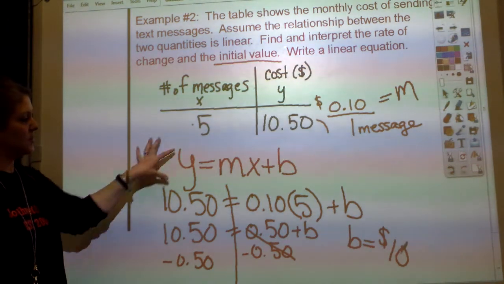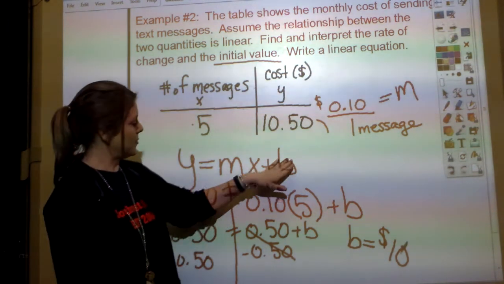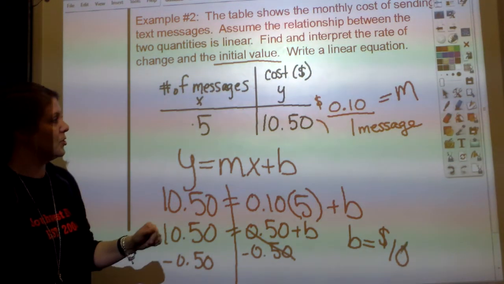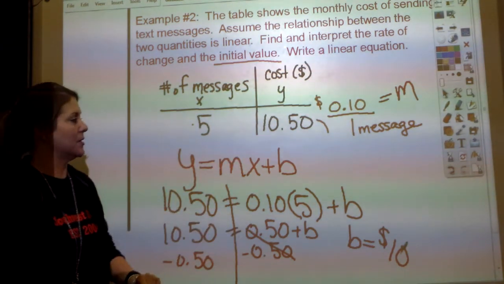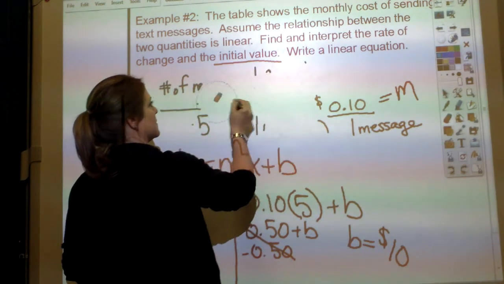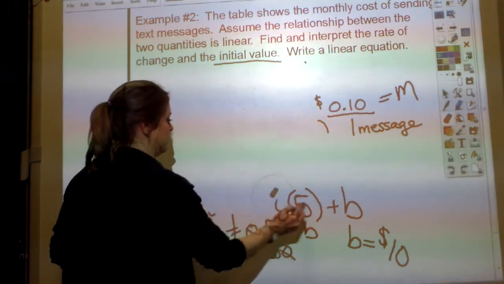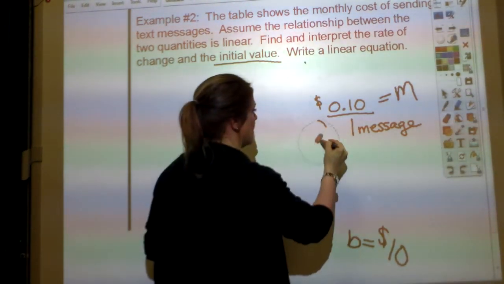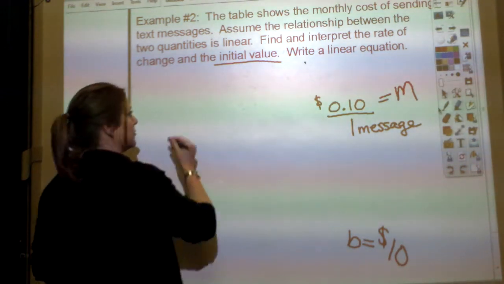Okay? So let's look at this. I'm going to erase this work here. Make sure you have it in your notes. And then we're going to use the slope and the y-intercept to write our equation. Okay, so our m value is 0.10.